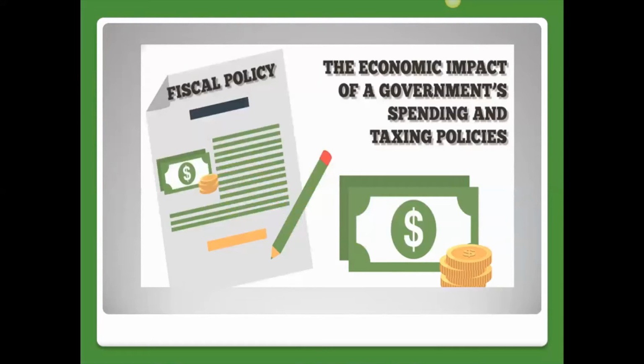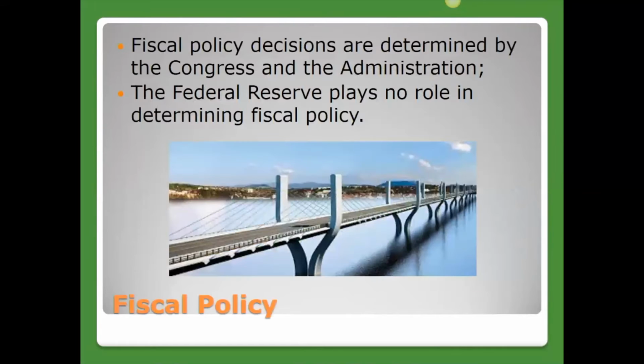The other thing is spending programs. Spending programs are things that the government can spend money on. After the financial crash, the government has been doing a lot of spending on infrastructure projects, for example building bridges, fixing roads, and taking on public works projects.